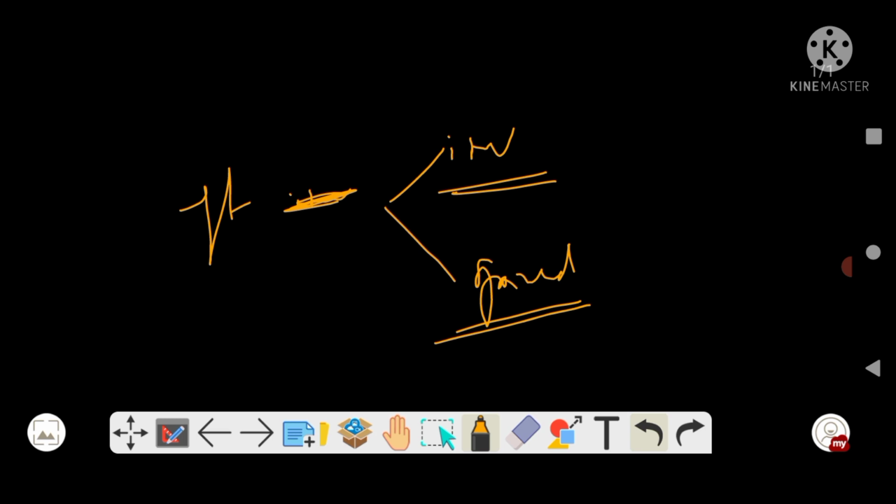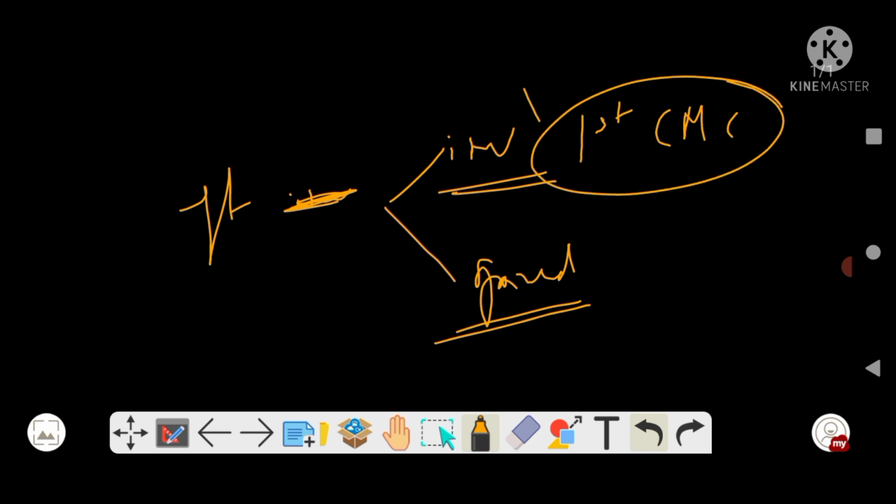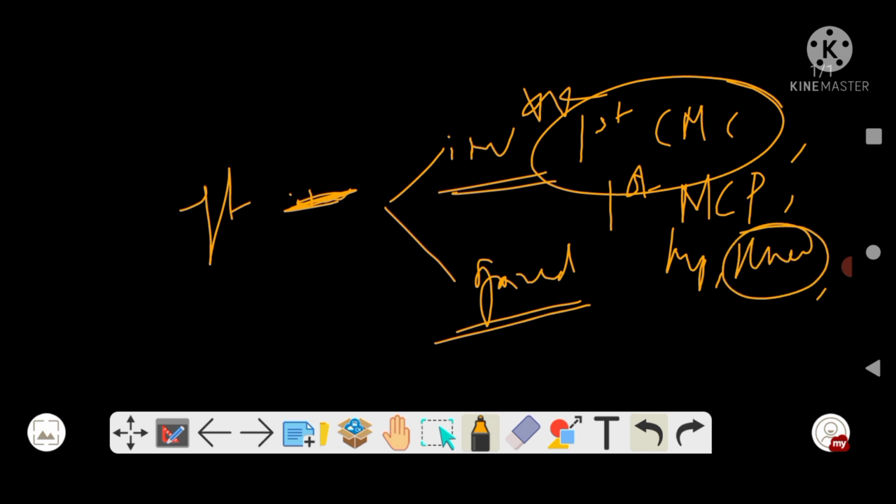Among the joints that are involved, remember the first carpometacarpal joint, very important, it is involved in almost all cases. Then the first metacarpophalangeal joint, then the hip joint, of course, then the knee joint, very important, and then PIP and DIP, the proximal interphalangeal joint and distal interphalangeal joint.